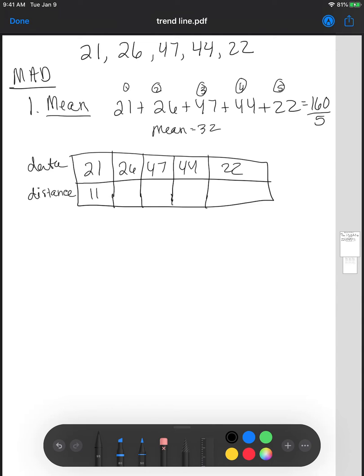I'm going to do the same thing for the rest, just subtracting them. So 47 minus 32, 44 minus 32, 22 minus 32 is 10.